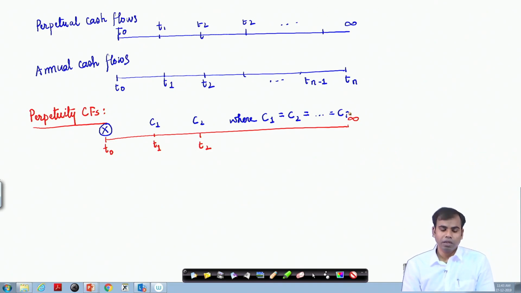So, basically this is a perpetual cash flow where we are expecting to generate a cash flow of C and we want to invest an amount of x.